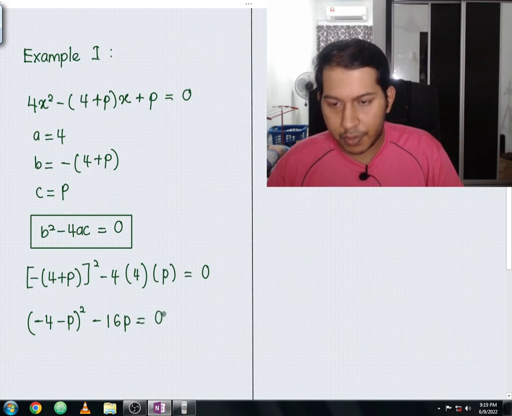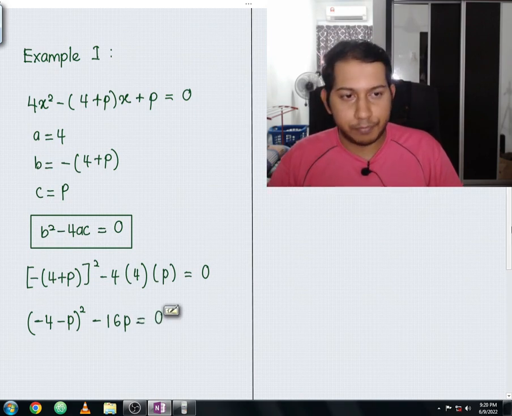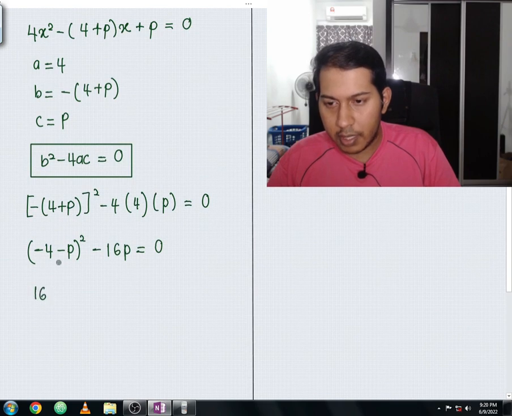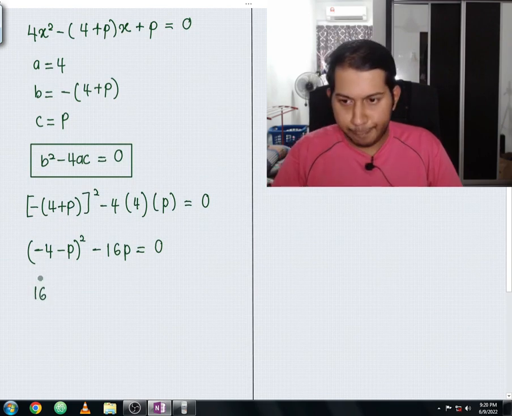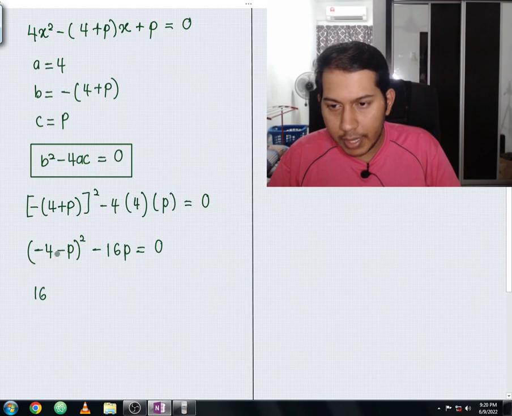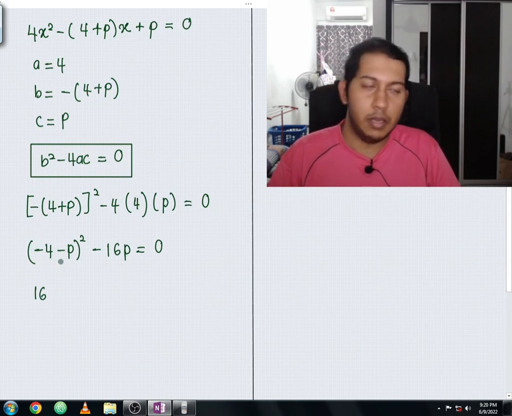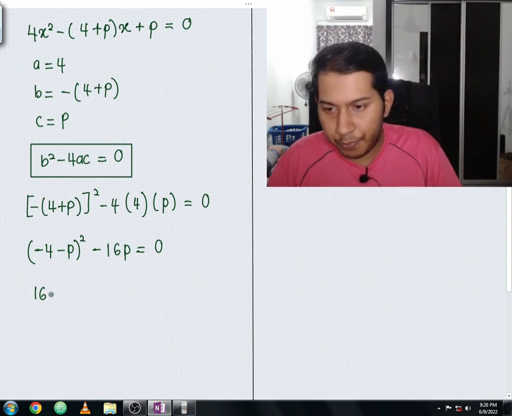Negative 16 times p will be negative 16p, equals 0. Now we are going to expand this bracket. From here you get 16, and then negative 4 times negative p gives 4p, times 2, so you get positive 8p.